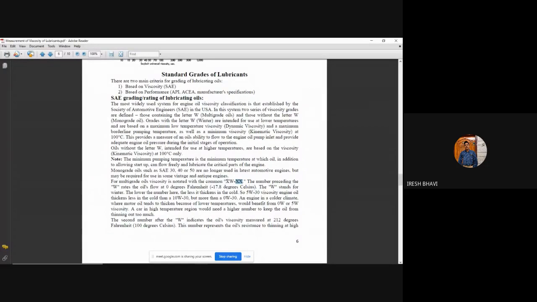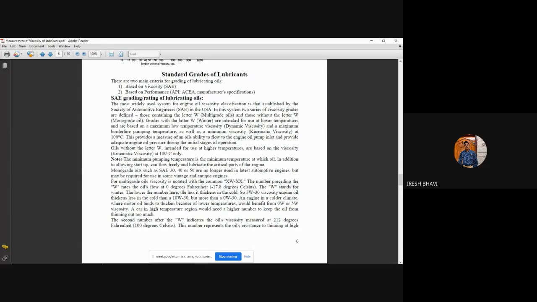Is it clear now? SAE 20W40, how is it rated? 20 is the rating for winter, whereas 40 is the rating for summer. So all the lubricating oils are named like this only. SAE 10W30 means 10 is the rating for winter, whereas 30 is the rating for summer, like that.